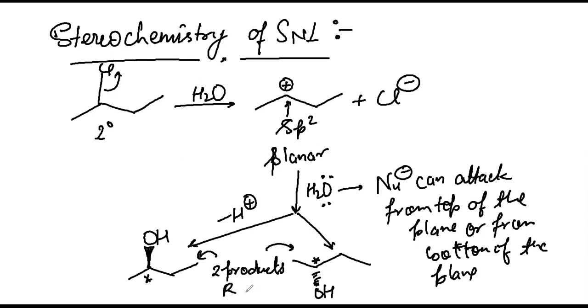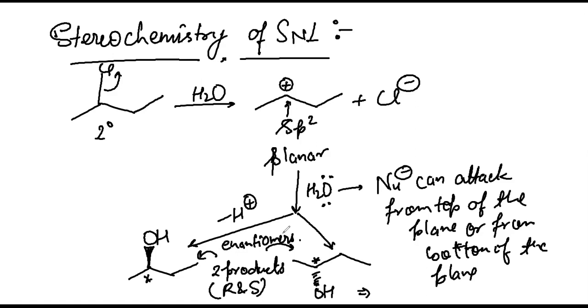One will be R and one will be S. These two are enantiomers. Can you feel that both will be enantiomers? One is going top of the plane, one going bottom of the plane, just opposite.